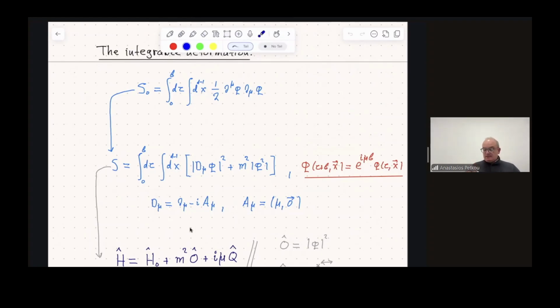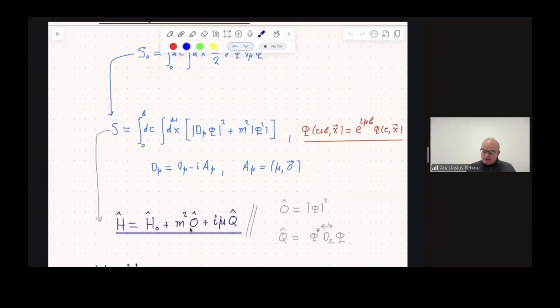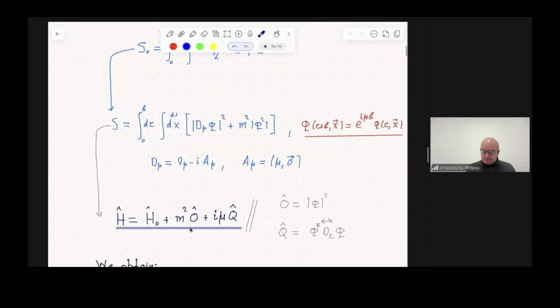You can find this model in many other interesting models. It can be an interaction with an external magnetic field. It can actually come up in CP^N models, etc. Now, as I said, this model is integrable. You can actually calculate it in many ways.